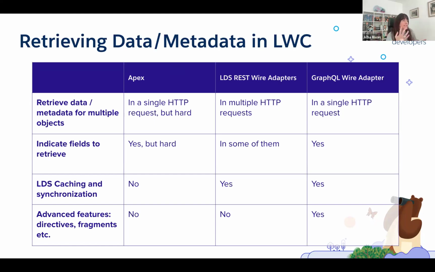So it's kind of hard to make something very scalable with just Apex. Then with the LDS REST wire adapters, which are get record, update record, and so on, this improved because you don't need to write Apex code, but at the same time, we don't have much flexibility because we can only get record, update record, get object info, and a few more things.